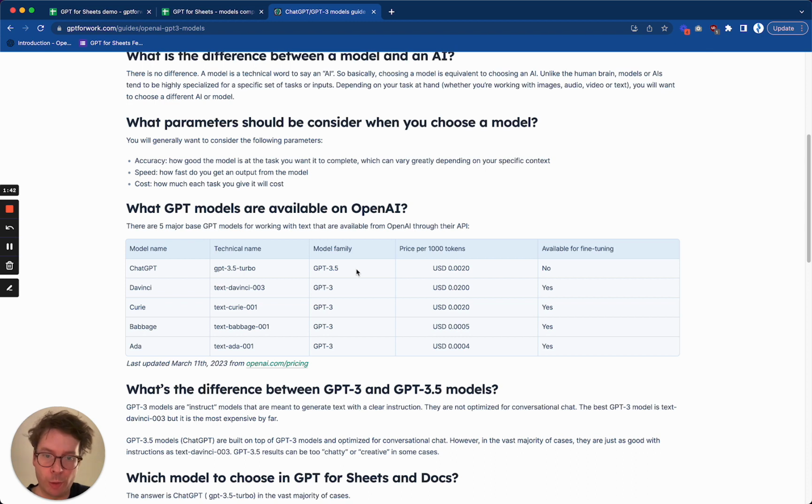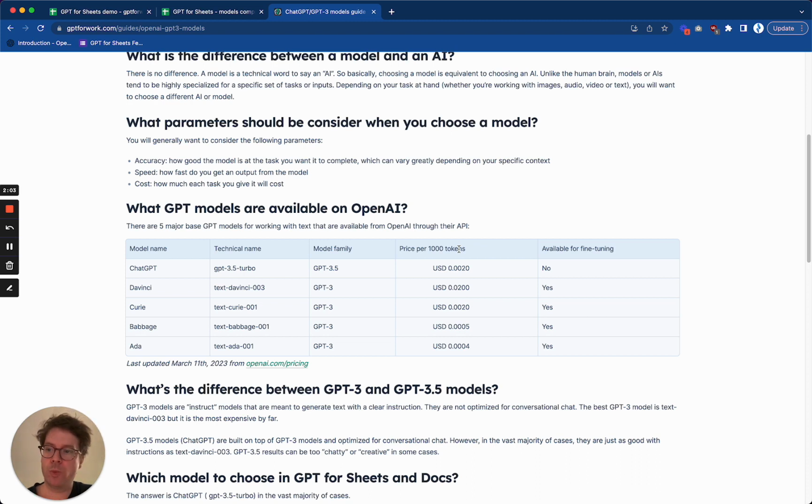Probably one of the most important points is that it is 10 times cheaper than DaVinci. So it is not 2 cents per 1,000 tokens, but 2 cents per 10,000 tokens, or 0.2 cents per 1,000 tokens.